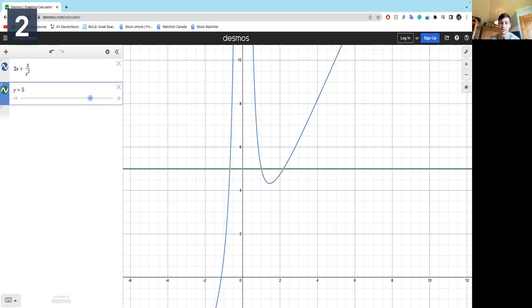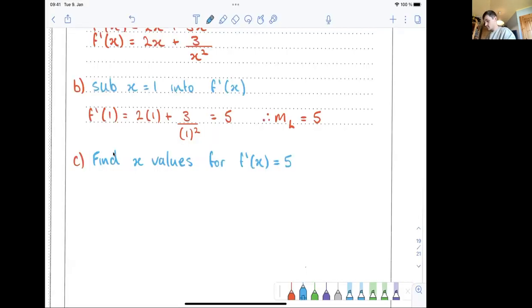Let's bring you back over to the pad. And so we will conclude that f dash x equals 5 has 3 solutions.